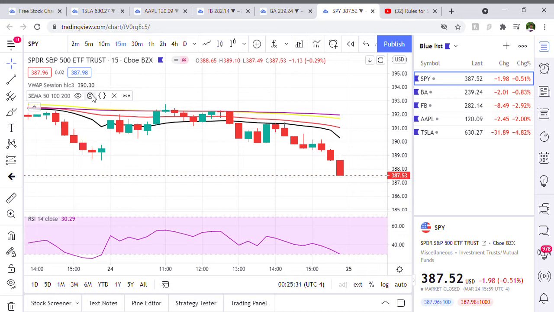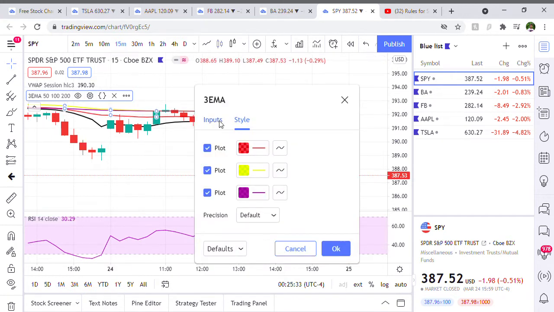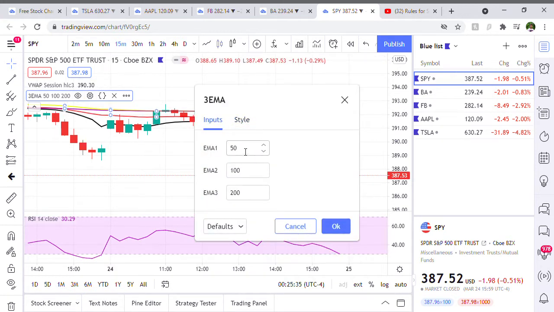Now I'll go into the settings of this, to the inputs. EMA 1, I will make it 9. EMA 2, if you want, you can make it 21, and EMA 3 you can make 50. So 9, 21 and 50.